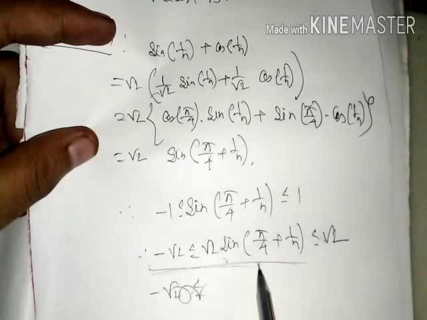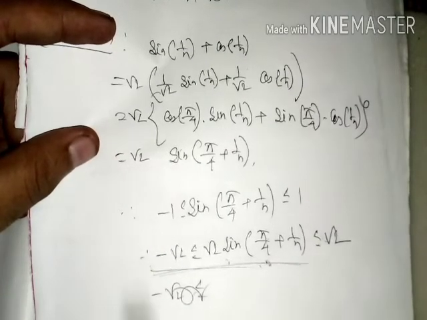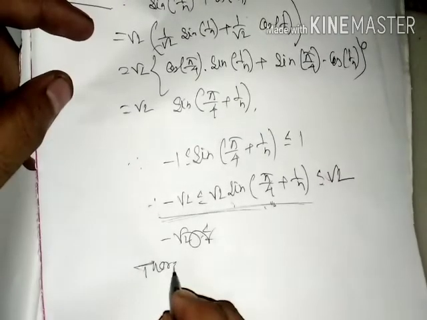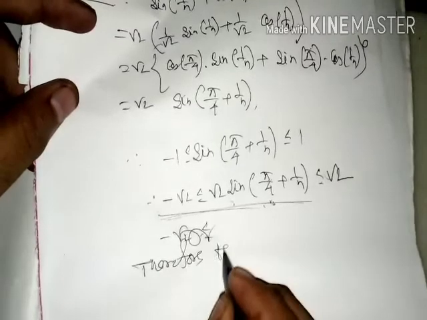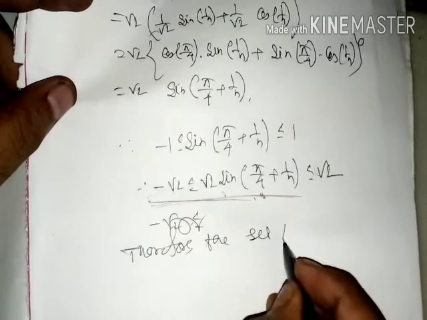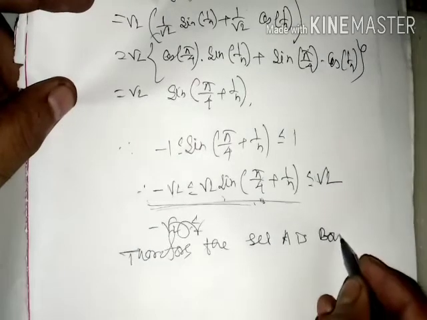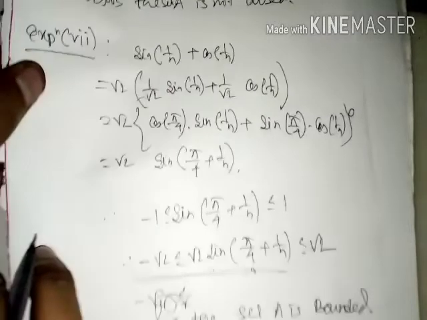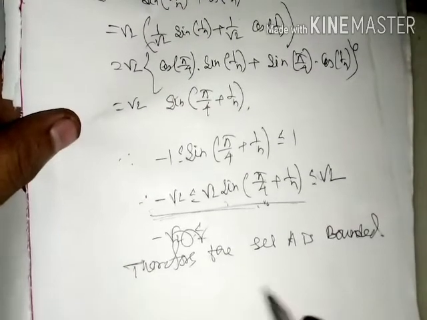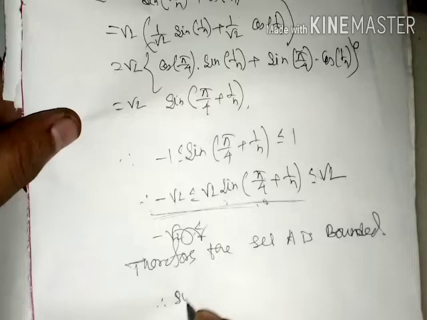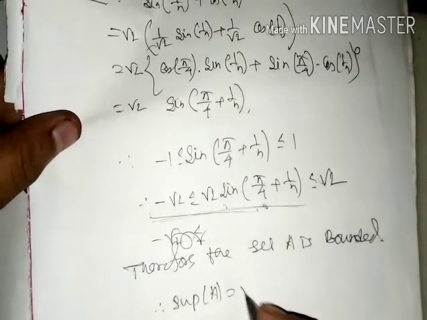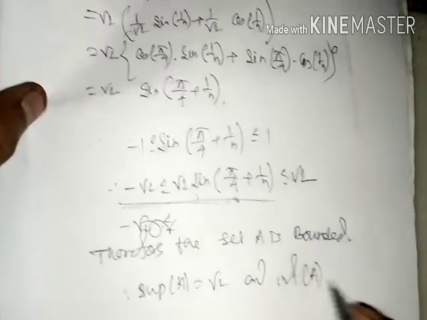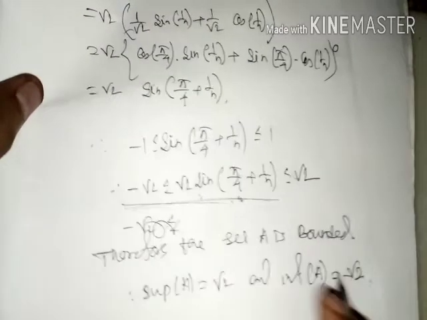From this we can say the set A is bounded. Therefore the set A is bounded. Also we have to find sup of A and infimum of A. So sup of A equals root 2 and infimum of A equals minus root 2.